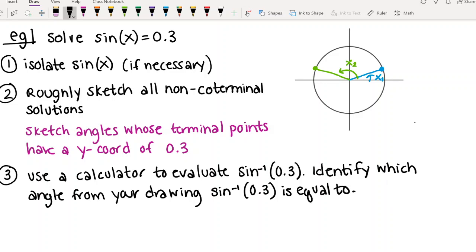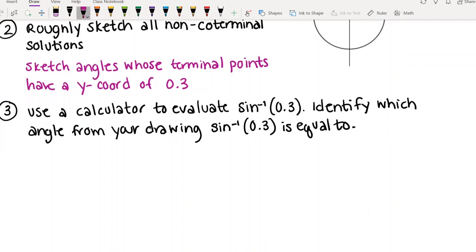Okay, so if we type into our calculator inverse sine of 0.3, making sure that your calculator is in radians mode, you should get that it's approximately equal to, and I'm going to round to 3 decimal places because I believe that's what it asked for on the homework, 0.304 radians.